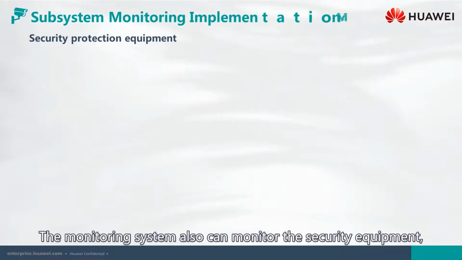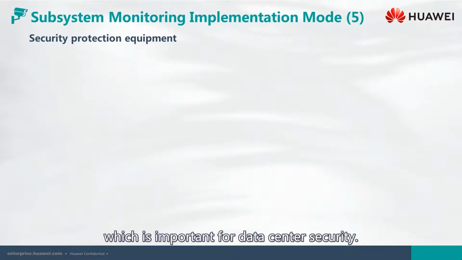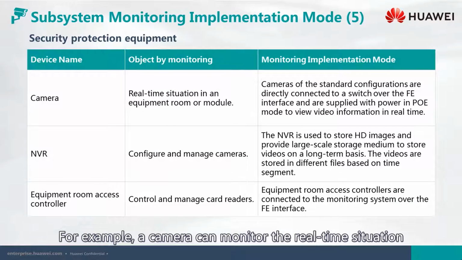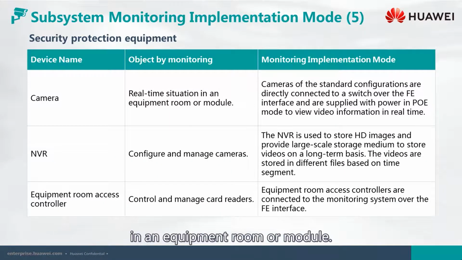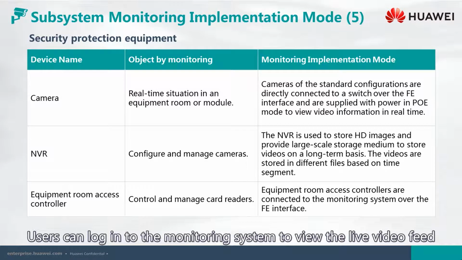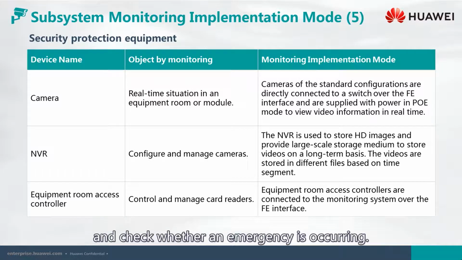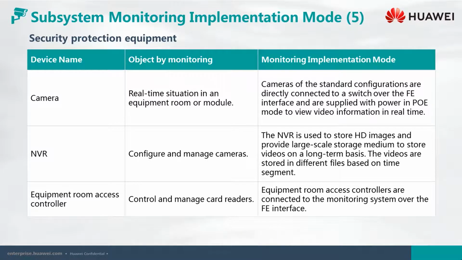The monitoring system also can monitor the security equipment, which is important for data center security. For example, a camera can monitor the real-time situation in an equipment room or module. Users can log into the monitoring system to view the live video feed and check whether an emergency is occurring.